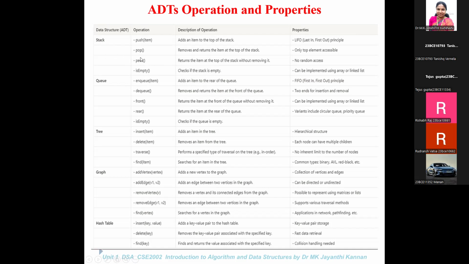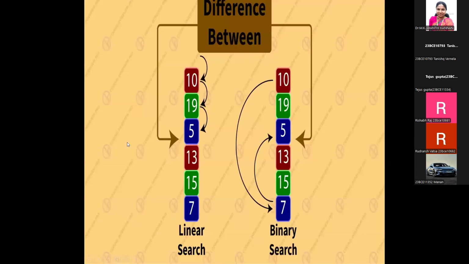So attributes along with the functions. Queue also has its own attributes like front and rear, size of the queue, maximum size n, and the array of queue of n. And the operations we are performing with the queue are nq, dq, front, rear, is empty. The same way, we have other abstract data types and their corresponding operations.